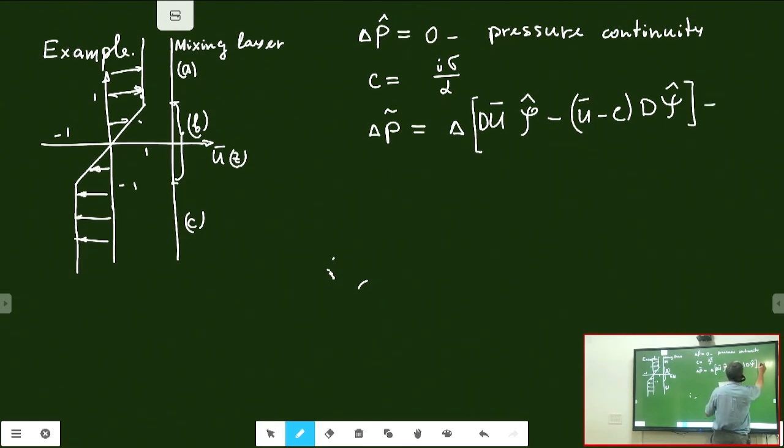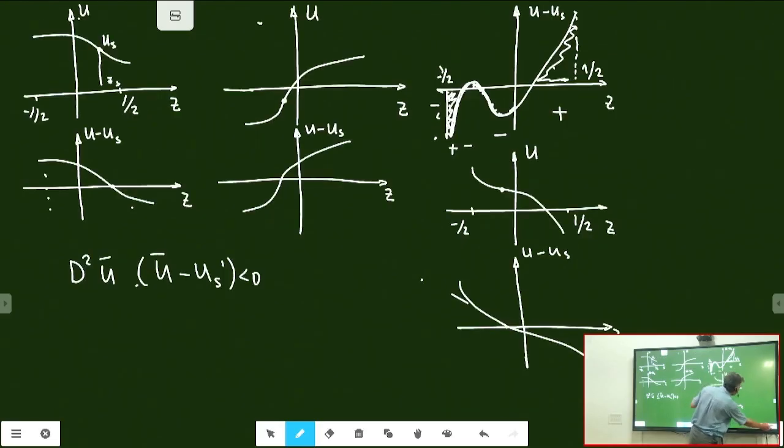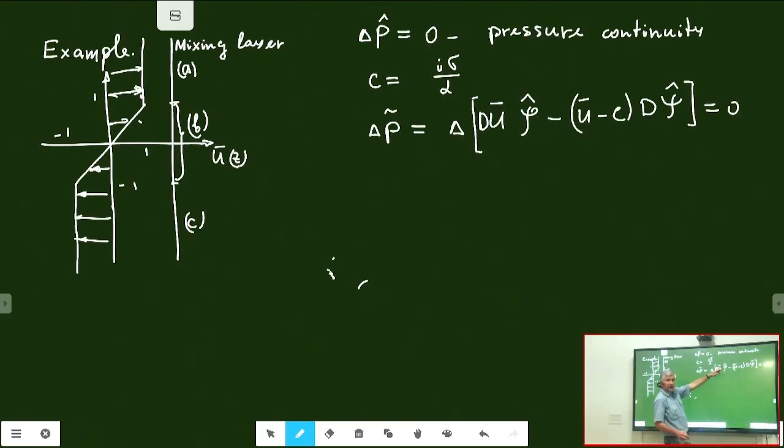Okay, and that must be equal to 0. So unfortunately I have to jump back and forth. So let me just show you where that comes from. So try to memorize what I've written here, and I'll go back and I will show you where it comes from.